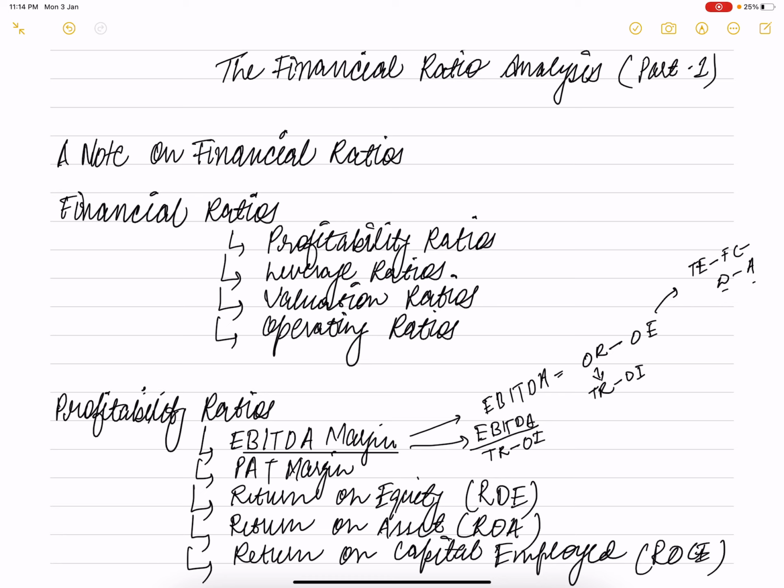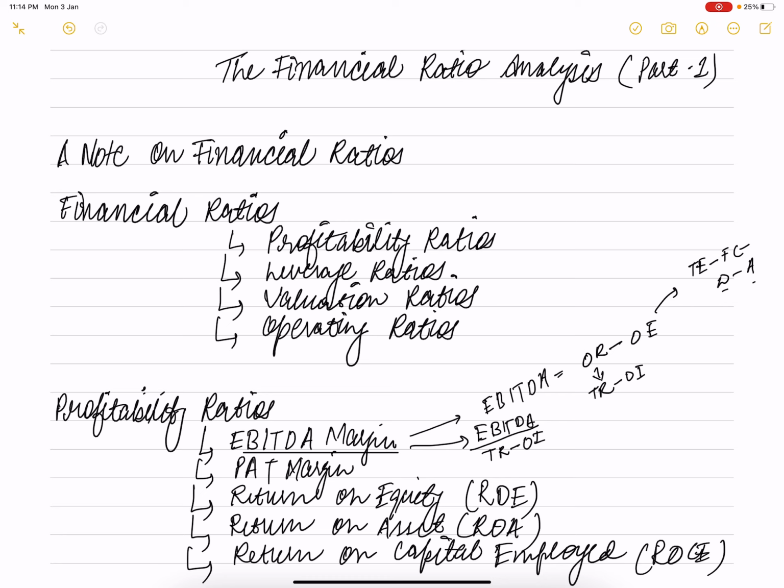Return on equity is a critical ratio as it helps the investor assess the return the shareholder earns for every unit of capital invested. ROE measures the entity's capability to generate profit from the shareholders' investment.